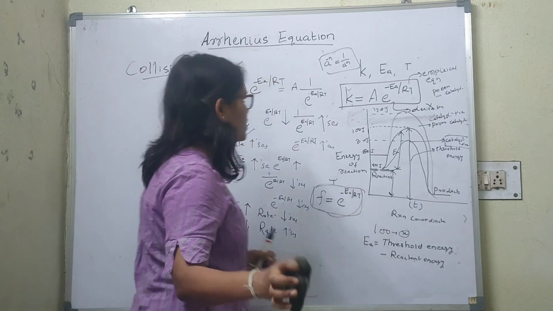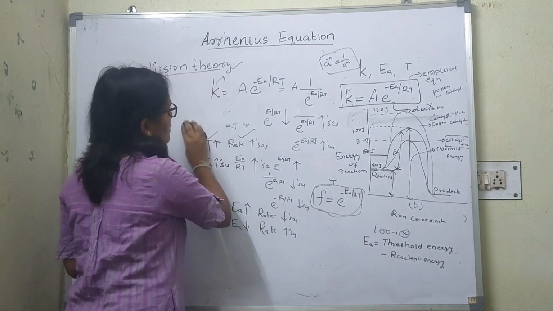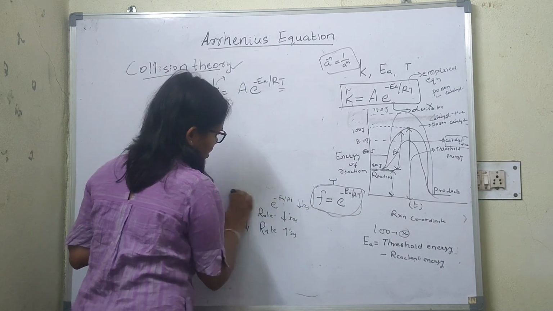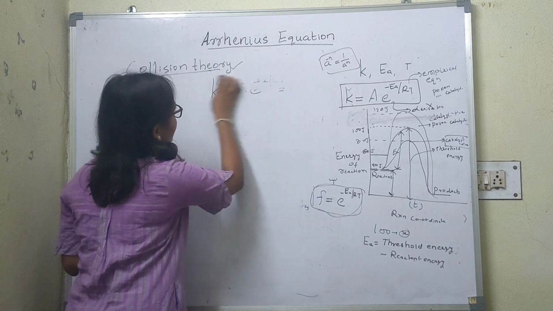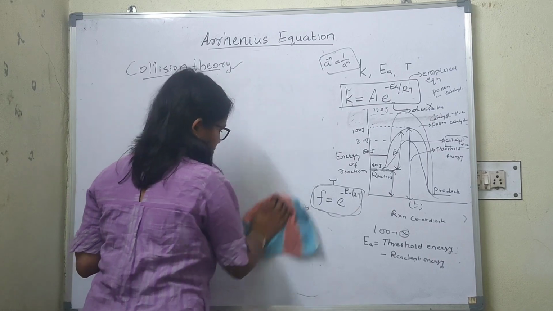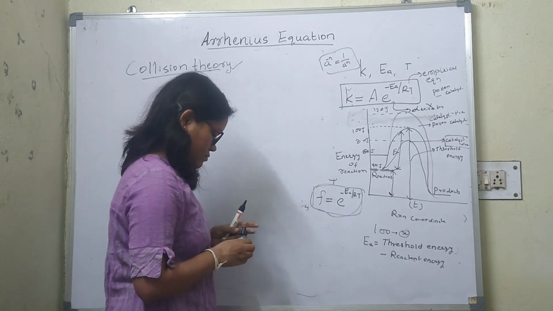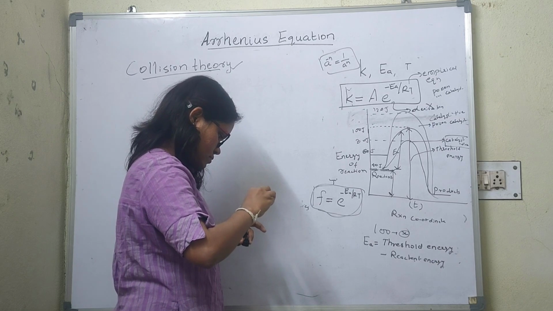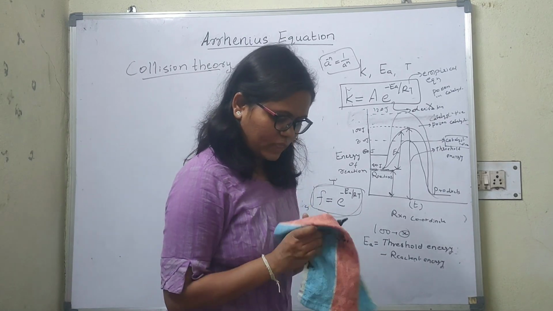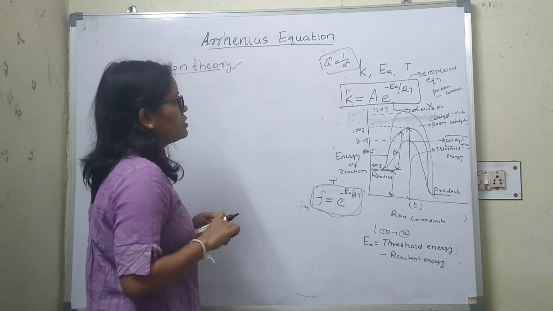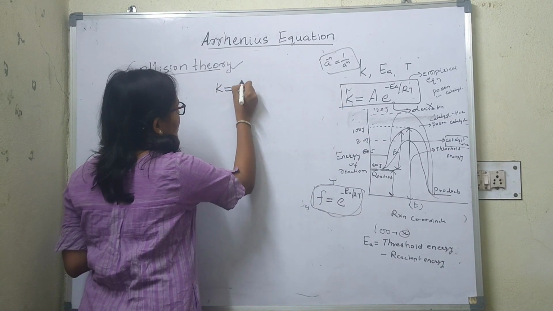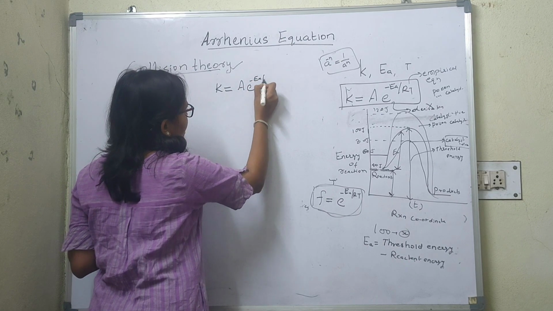Now we will see different forms of the Arrhenius equation. So one form we know, that is K is equal to A e power minus EA over RT.